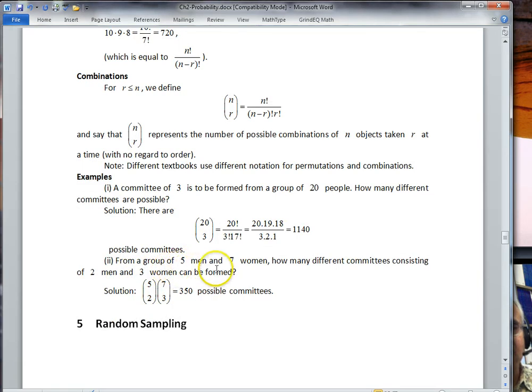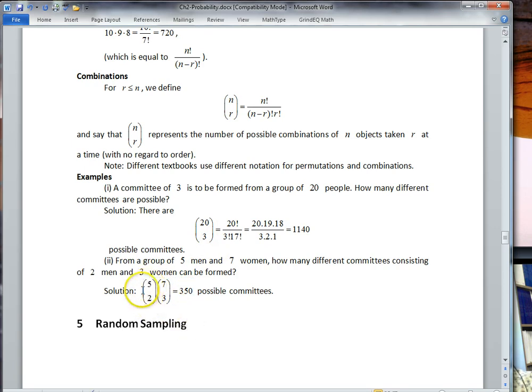From a group of 5 men and 7 women, how many different committees consisting of 2 men and 3 women are possible? So now I have 5 men and I want to pick 2. I have 7 women and I want to pick 3.